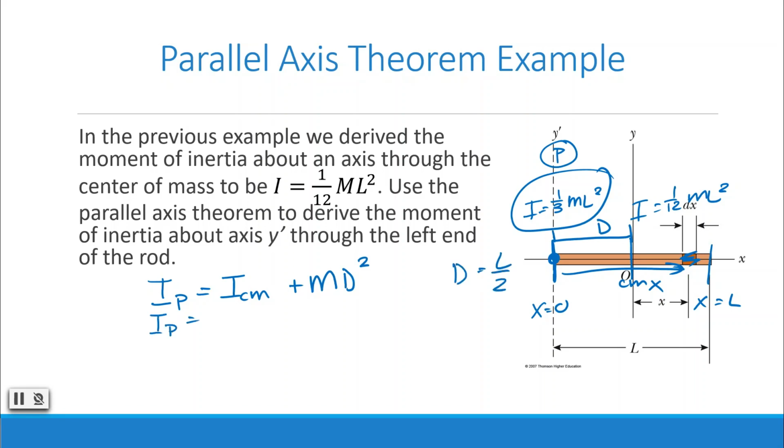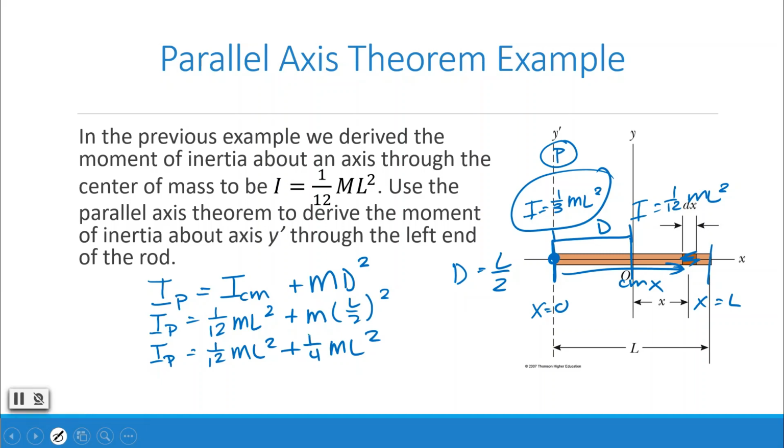So I about point P is the I of the center of mass, which is 1/12 ml squared, plus m times L over 2 squared. So I get 1/12 ml squared plus 1/4 ml squared. With a common denominator, that's 3/12 ml squared. So I about point P is 1/12 plus 3/12, which is 4/12 ml squared, which is 1/3 ml squared.